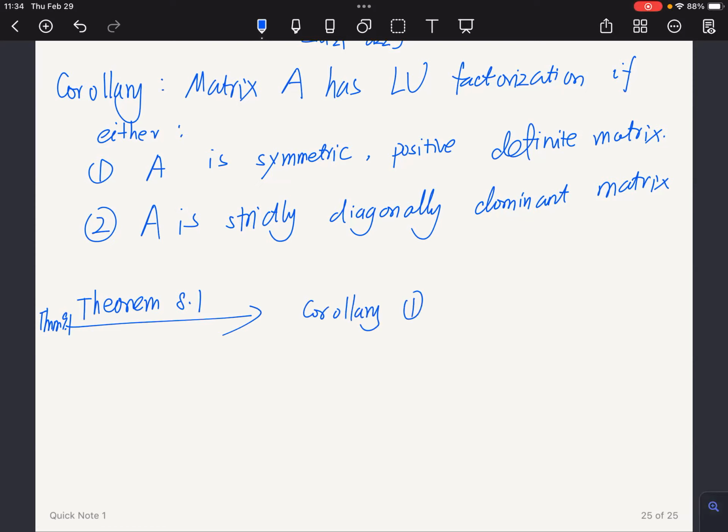So what does theorem 8.1 in the textbook say?